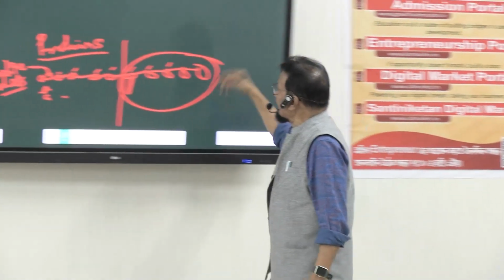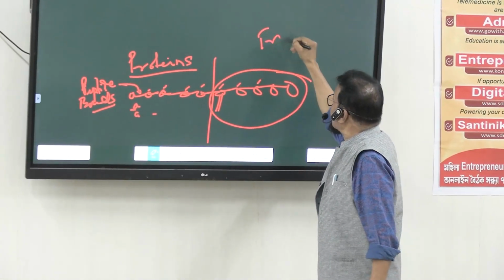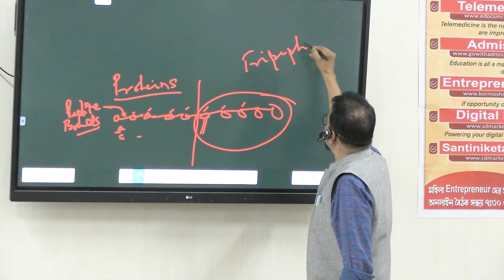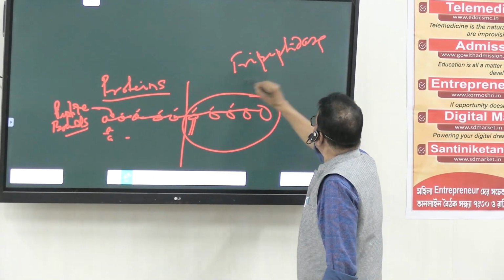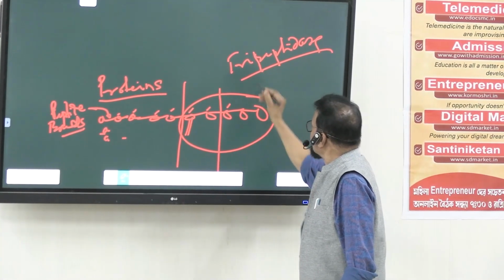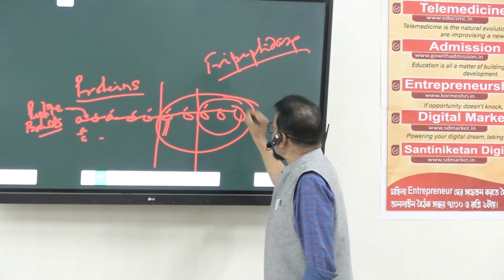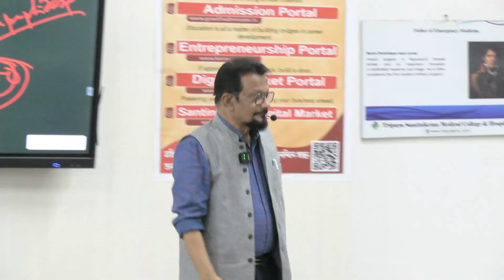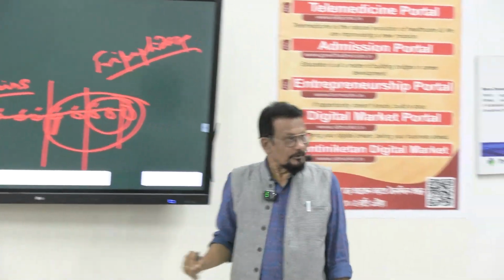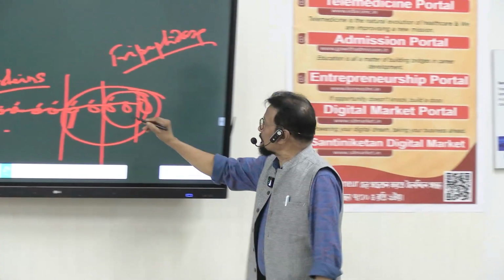Again, there is tripeptidase. This is a tripeptide. So they will split one peptide bond. As a result, what will be formed?